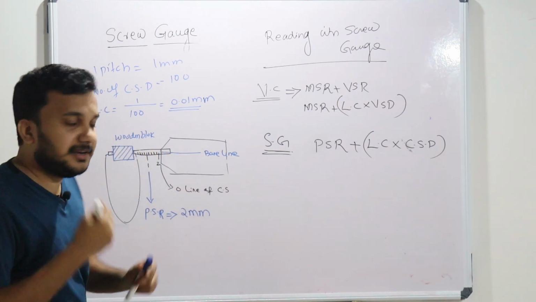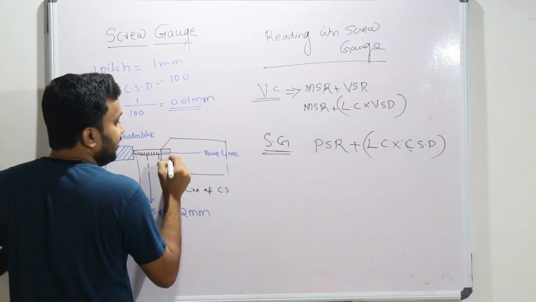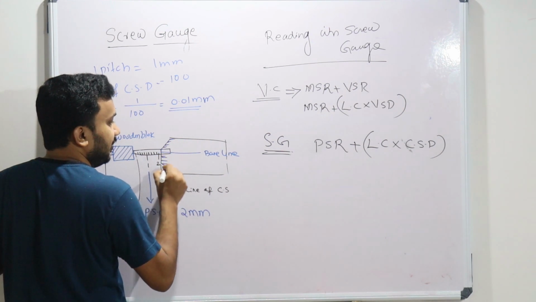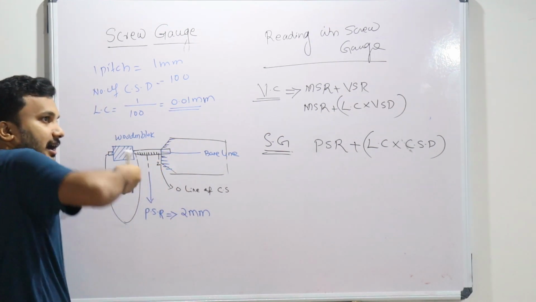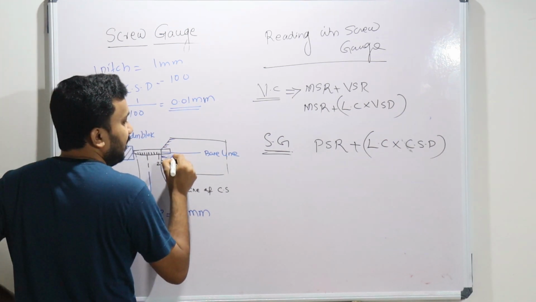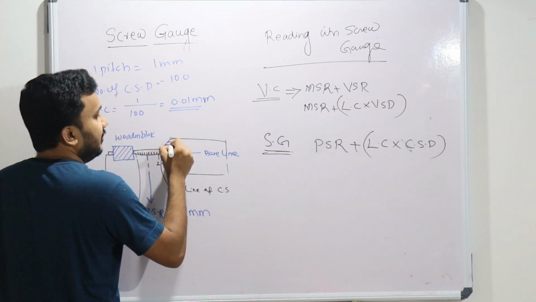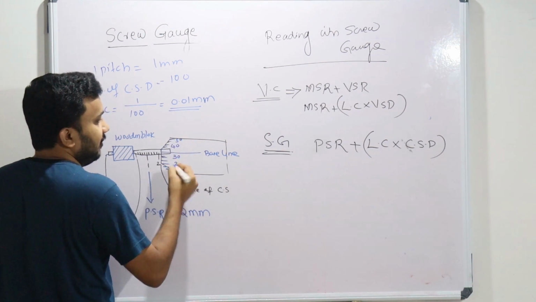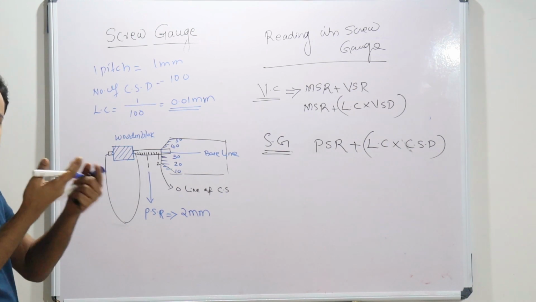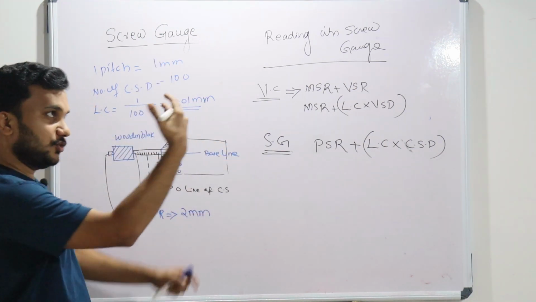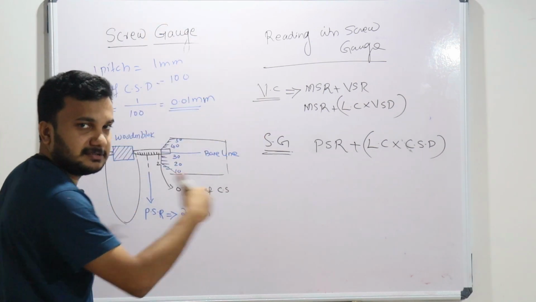After I tighten it, the baseline comes to a position where we have many readings available. At some point the reading will be 30 here, 40, 50, 20, 10, and other numbers are on the back side, because it's a circular one. One side we can see, the other side is on the back.